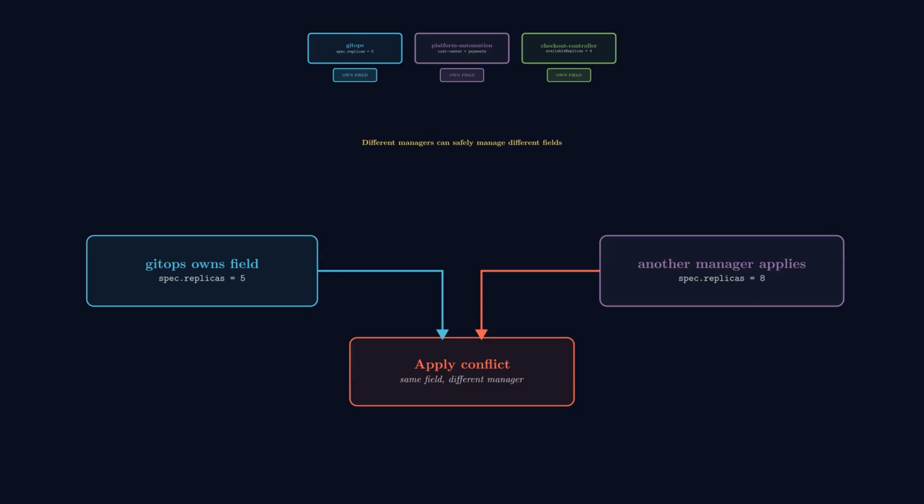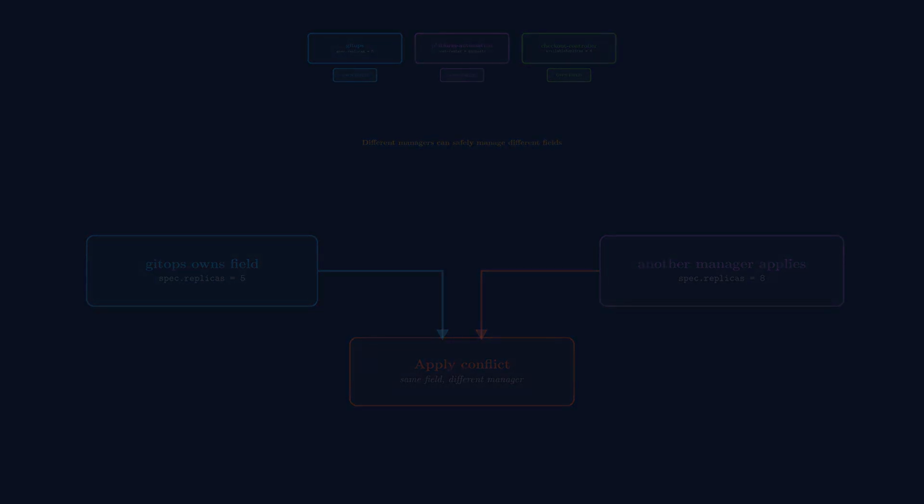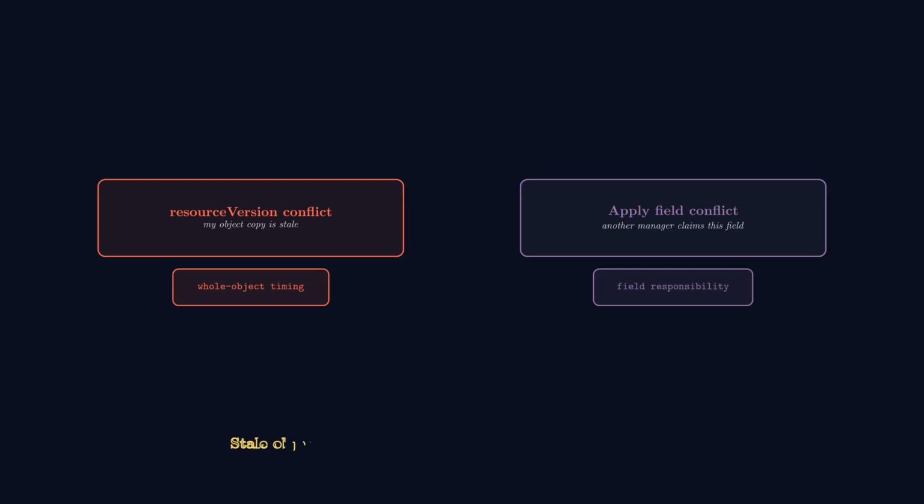This field conflict is different from the resource version conflict we saw earlier. A resource version conflict means I tried to update the object using an old copy. A server-side apply conflict means I am trying to change a field that another manager claims. One protects a read-modify-write from stale object state. The other exposes competing responsibility for a particular field.